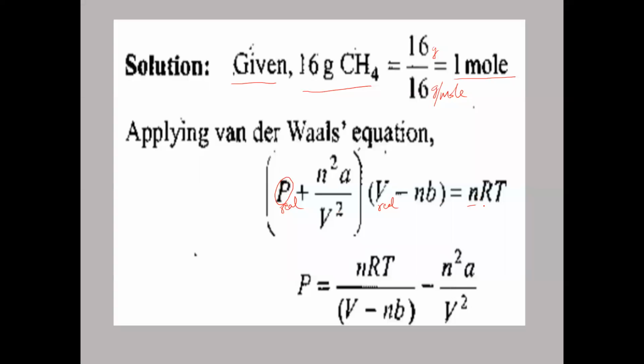The pressure we need to calculate: P equals nRT divided by V minus nb, minus an squared by V squared. The plus an squared by V squared goes to the other side and becomes minus.